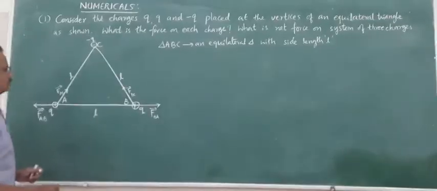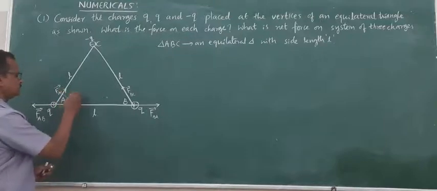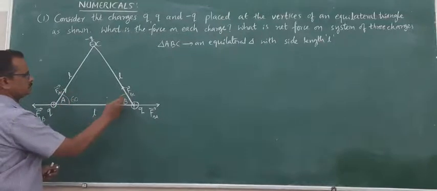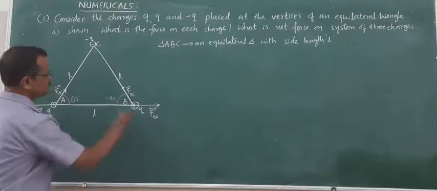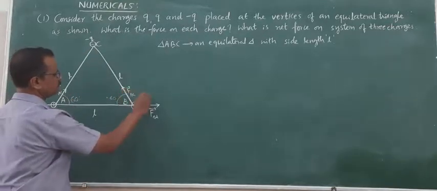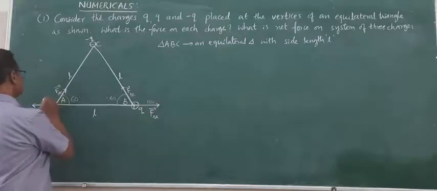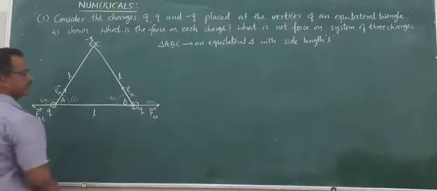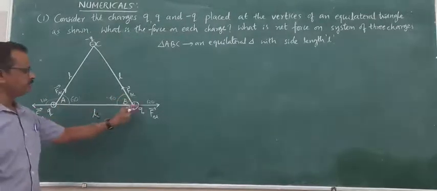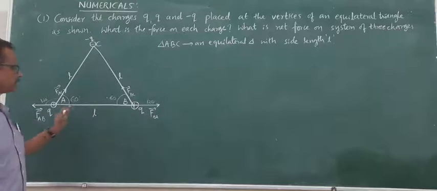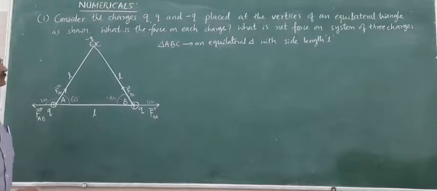Okay. Now, since it is an equilateral triangle, the angle A is definitely 60 degree. Each angle is 60 degree. Therefore, definitely this angle is going to be 120 degree. And the magnitudes of FBC and FAB, or magnitudes of FBA and FAC, they are all same.